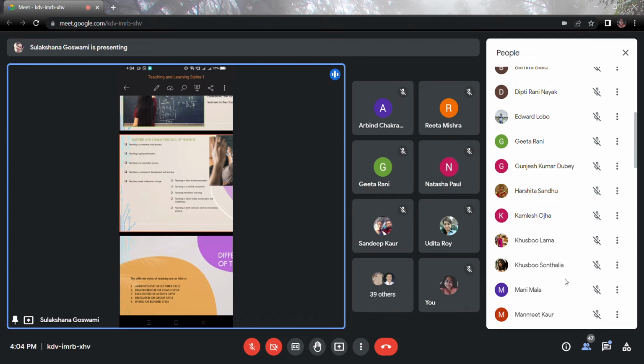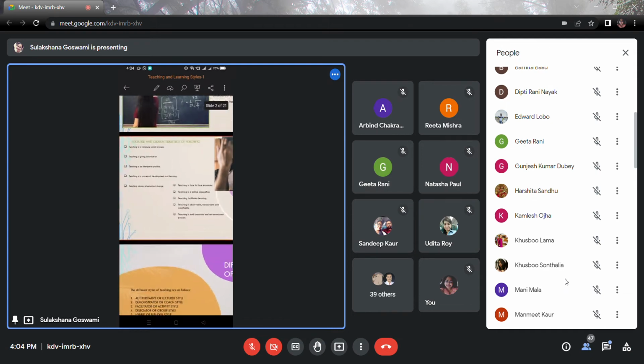Next, teaching is an interactive process between the student and the teacher. It is essential for the guidance, progress, and development of students. Next, teaching is a process of development and learning. Due to this process, there is a transfer of knowledge from a teacher to the student or students.